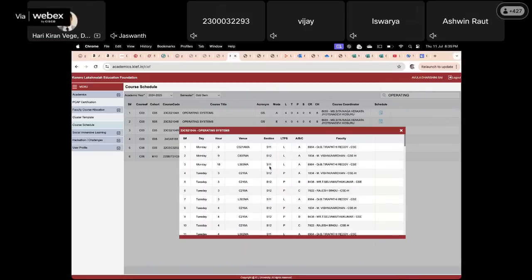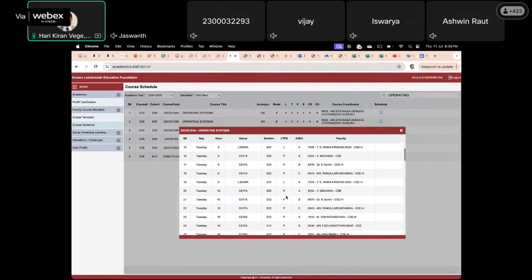S11 section lecture is taken by Dr. B. Tirupati Reddy. That's again S11 itself, but in another time slot, right? So that will obviously be Dr. B. Tirupati Reddy. S12 practical is also taken care of by M. Vishnuvardhan.